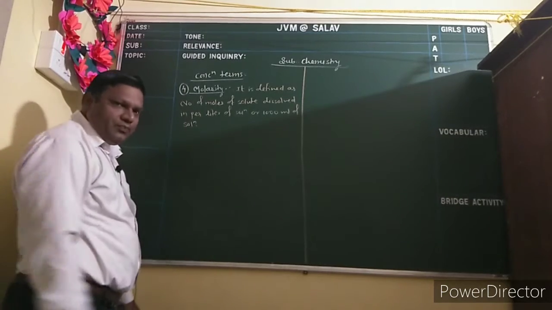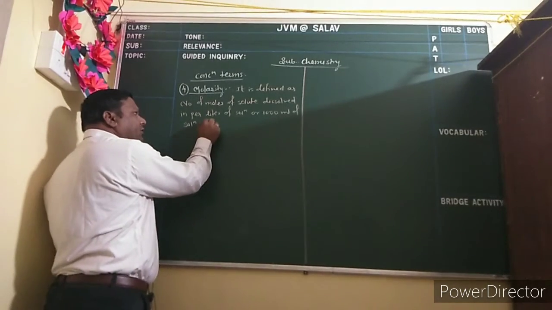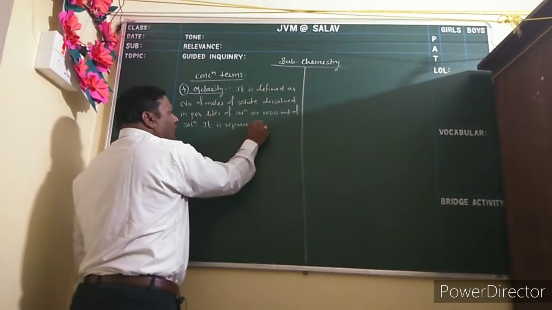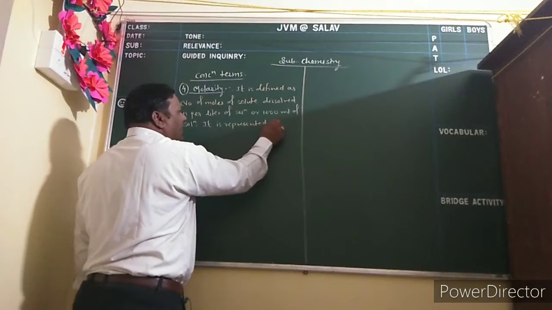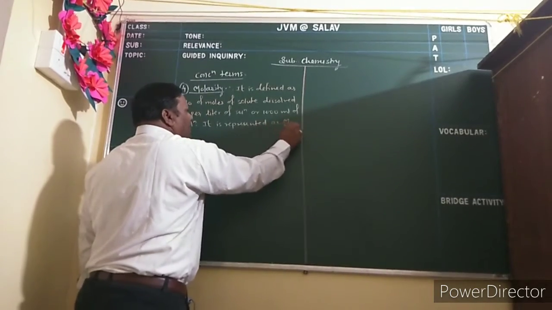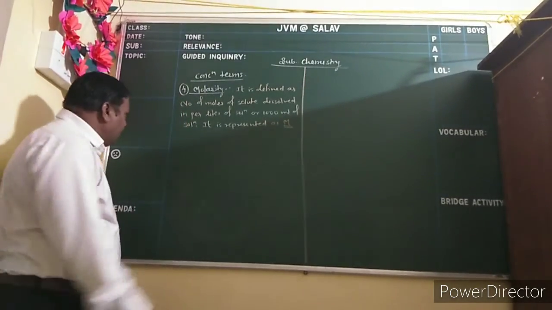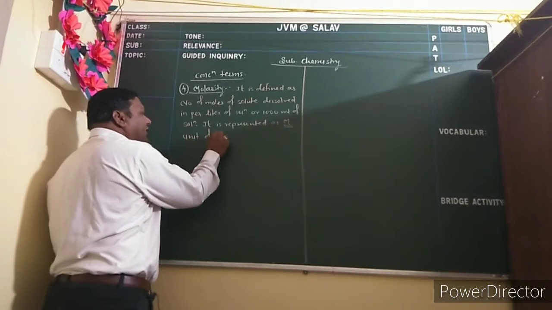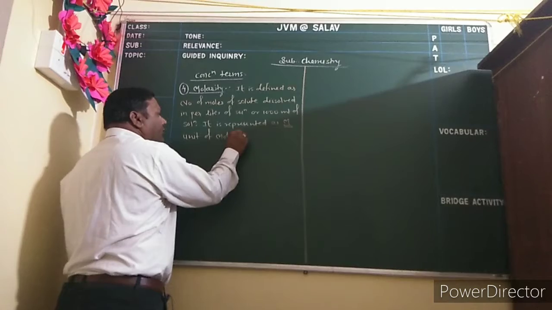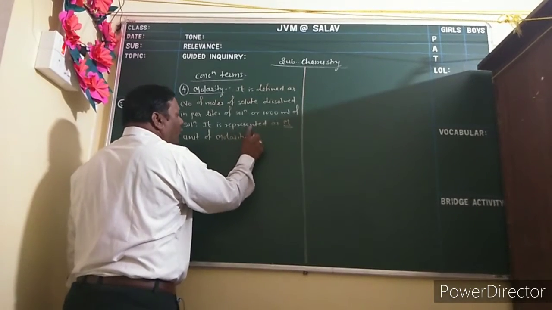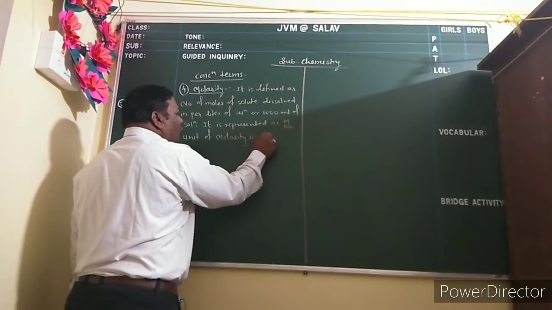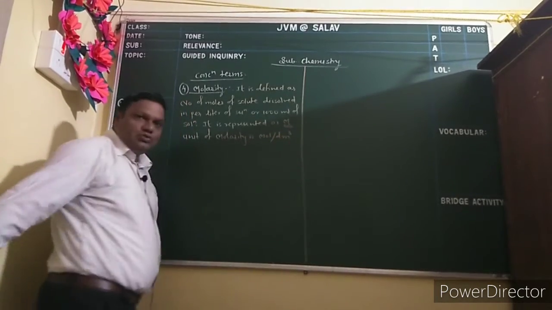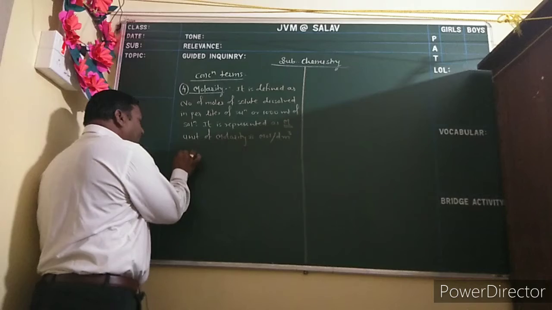Is it clear? And it is represented as capital M, and the unit of molarity will be mole per dm cube. Mole per dm cube.